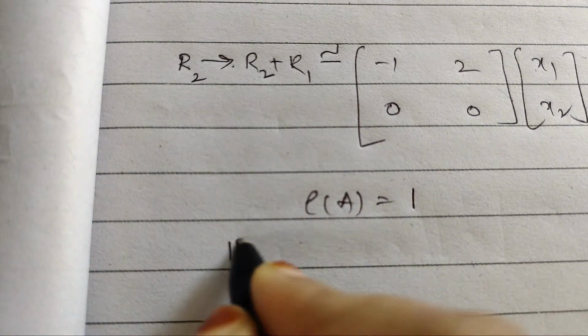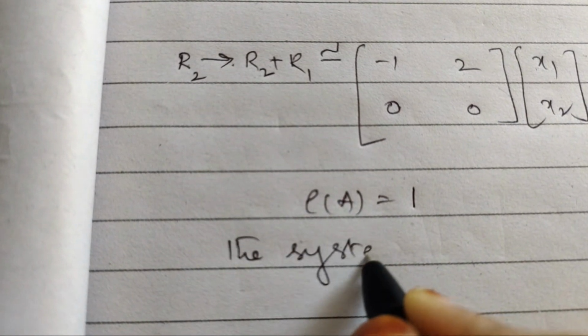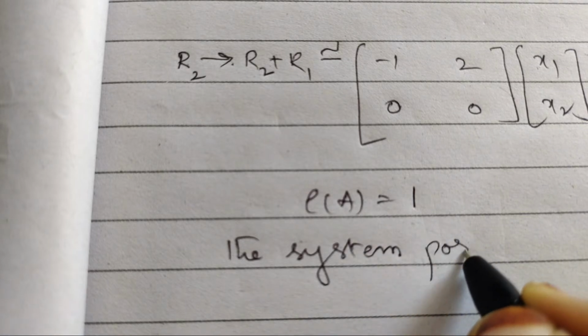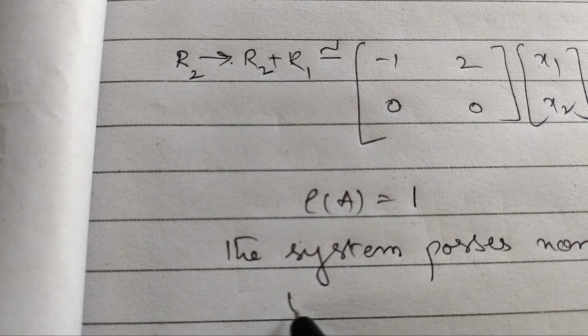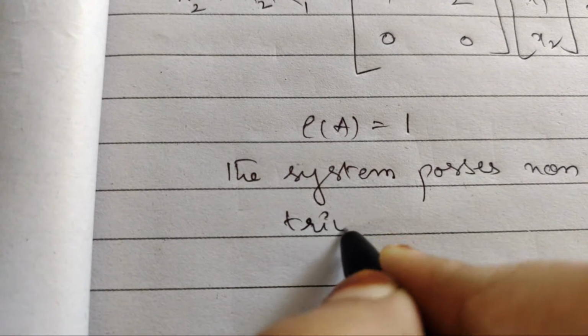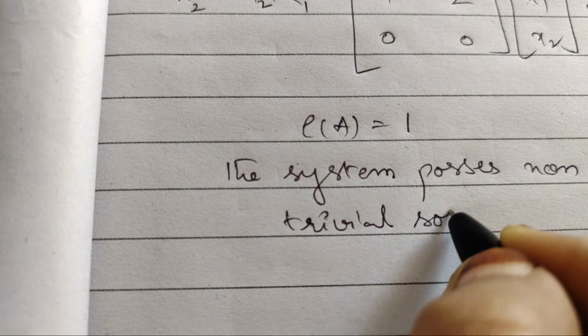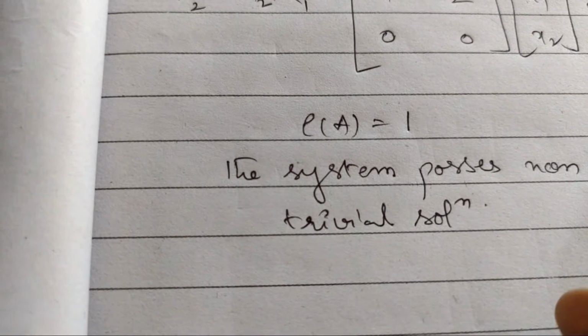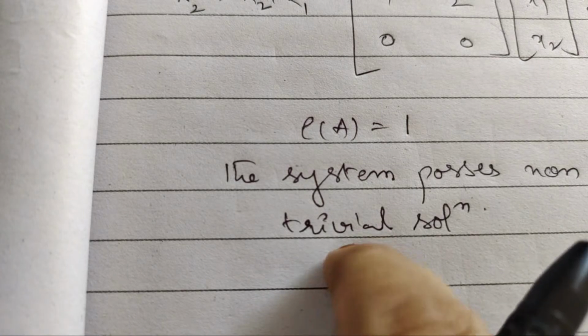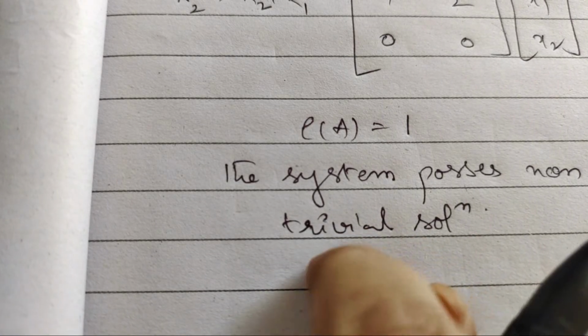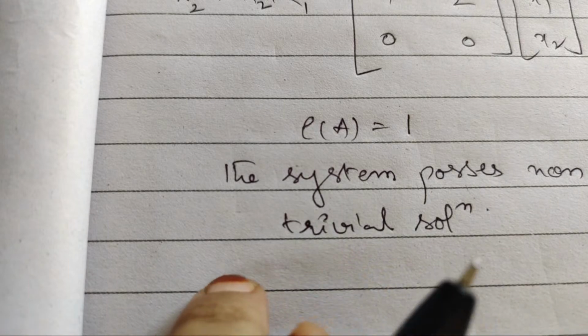The system possesses a non-trivial solution. When we are finding eigenvectors, the vector should come under a non-trivial solution. It should not go for the trivial solution. Trivial solution means the solution is completely 0.